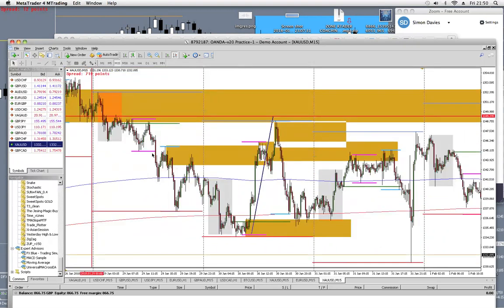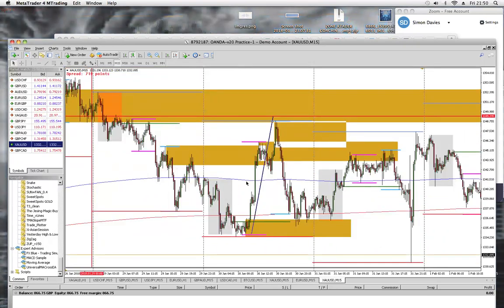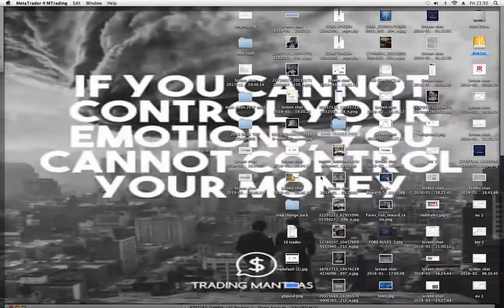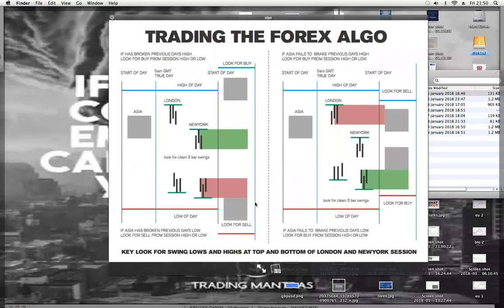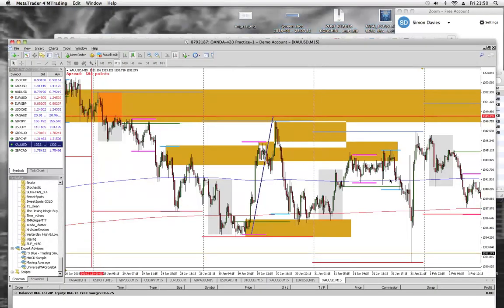So this one here, it's this one. Breaks the low, traces back into the Caval block, and down we go. It's there on gold. Lovely.